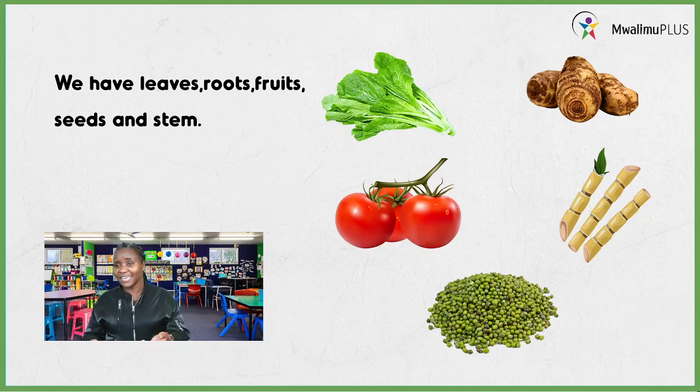We have the green grams there. And we have food that we get from the stem. We have the sugarcane. These are all types of food that we know, that we eat. They are not new to us. And we have other kinds of foods. Are we together?